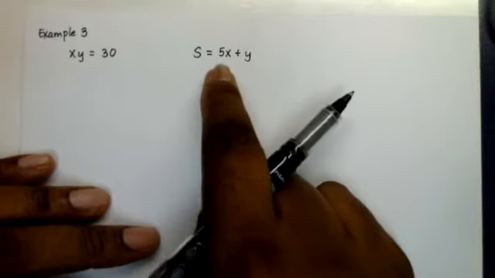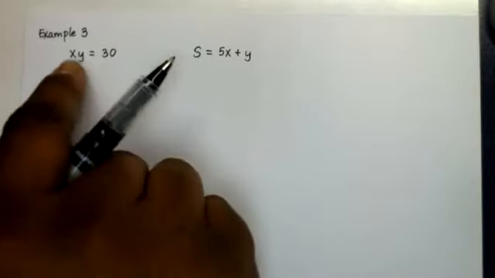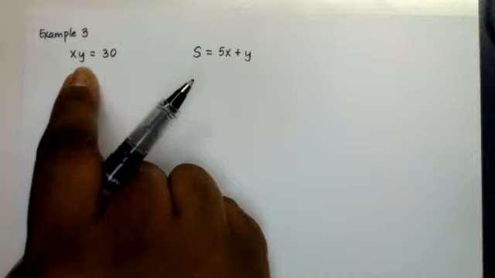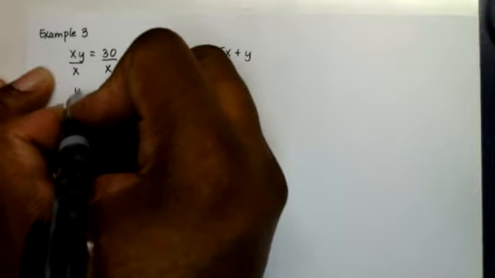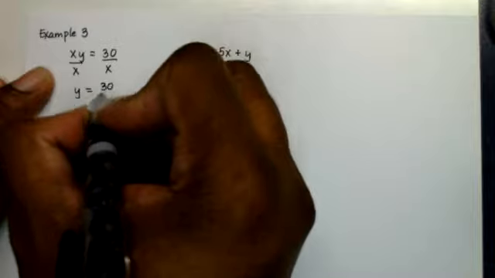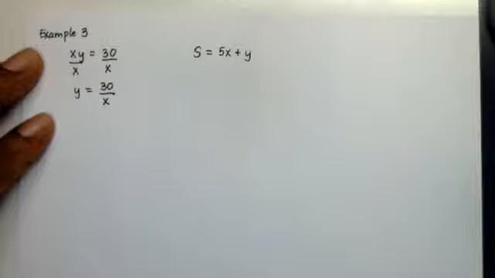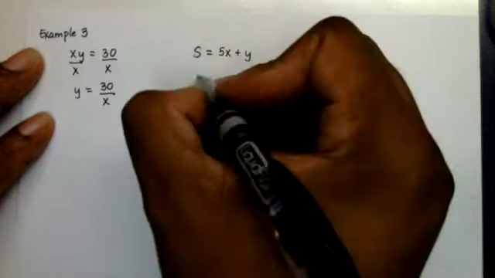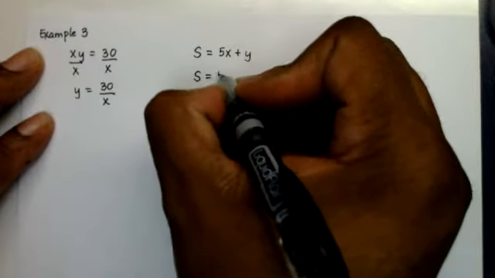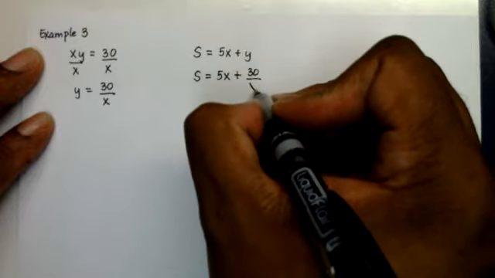Well, let's get this equation right here, your S, in terms of x. So in other words, for this equation, x times y equals 30, I need to solve it for y. And I'll do that by dividing both sides by x. So that means y is equal to 30 divided by x. Then I'll take that 30 over x and substitute it for y in the equation for S. So S is equal to 5x plus y, which is 30 over x.